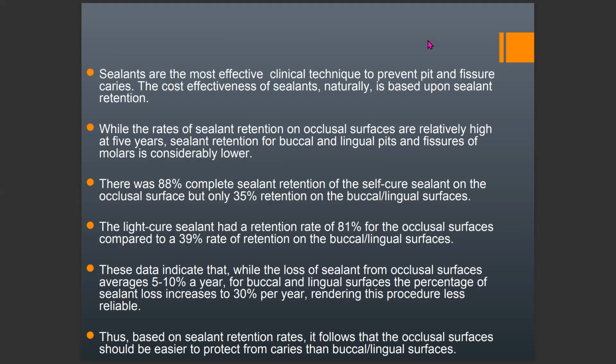Sealants are the most effective clinical technique to prevent pit and fissure caries, while the rates of sealant retention on occlusal surfaces are relatively high at 5 years. Sealant retention for buccal and lingual pit and fissures of molars is considerably lower. There was 88% completed sealant retention of the self-cured sealant, and the light-cure sealant had a retention of 81%.